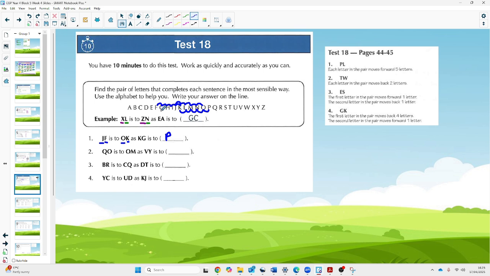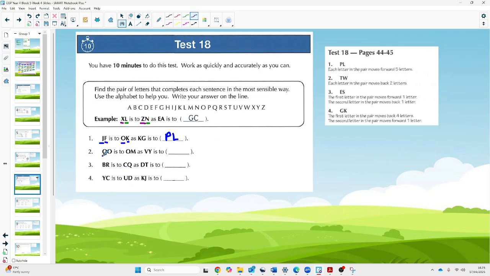So G forwards 5, 1, 2, 3, 4, 5. I get L. Now you can see there that the alphabet is starting to get a little bit messy. So when you use your pencil in your book, you can obviously rub it out. And we'd really encourage you to use pencil rather than pen, because it's a lot easier to rub out if you need to clear your alphabet to start again.